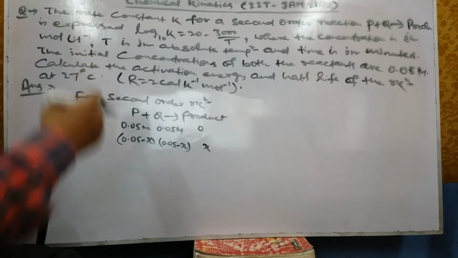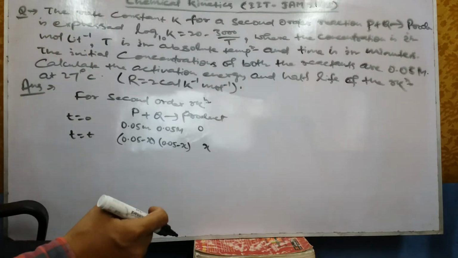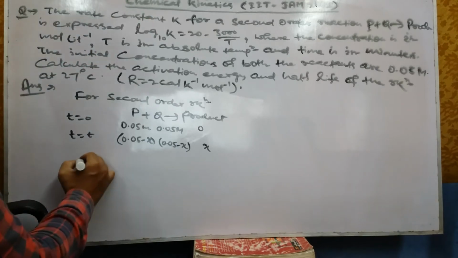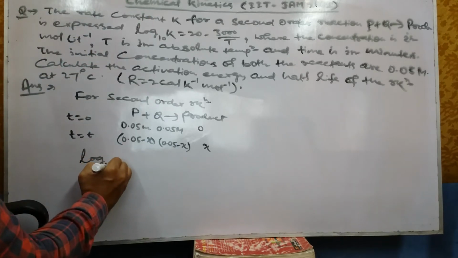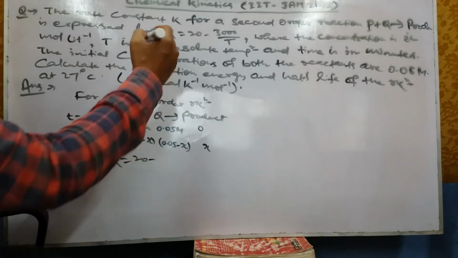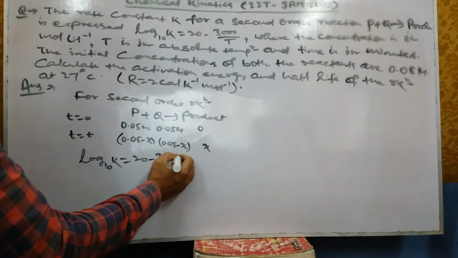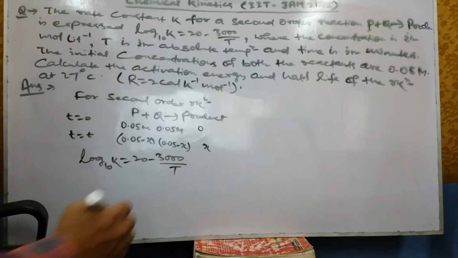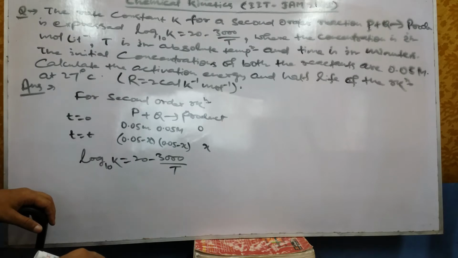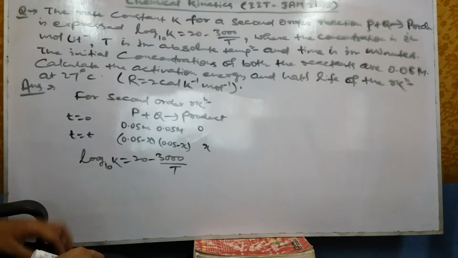Which data is also given here? The value of log base 10 K is given, 20 minus 3000 by T. Temperature is also given.